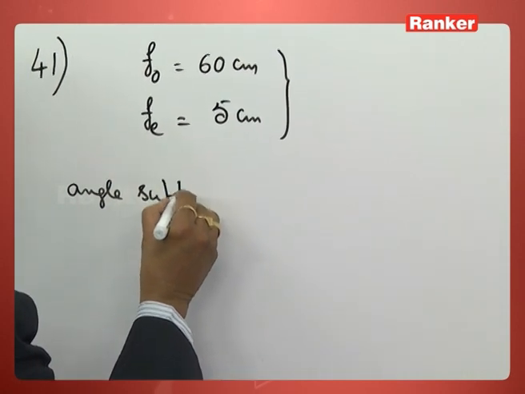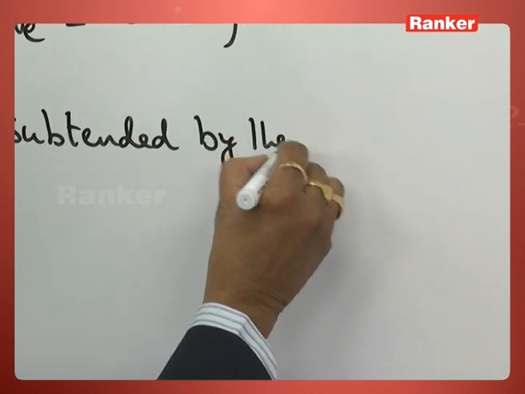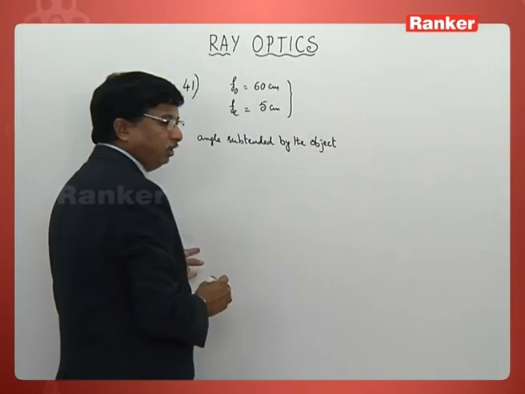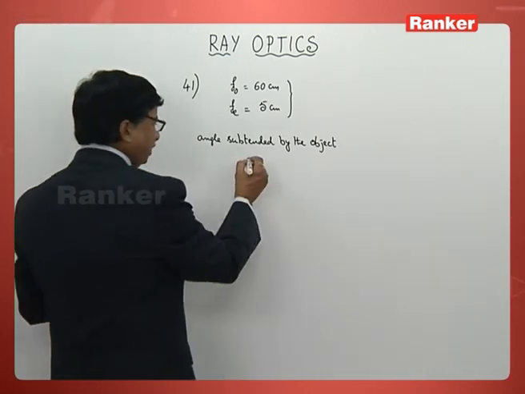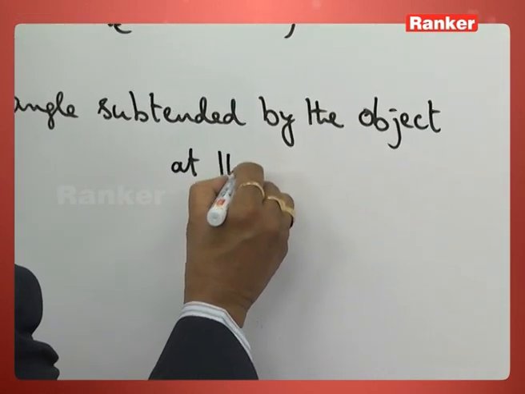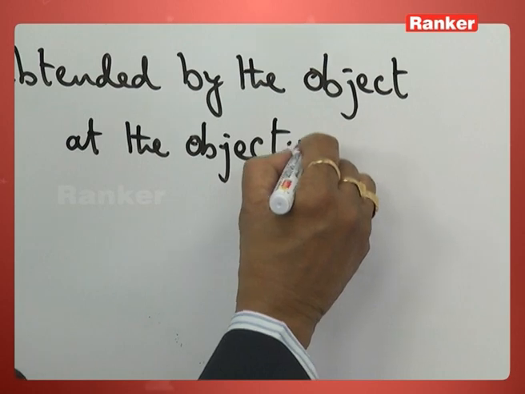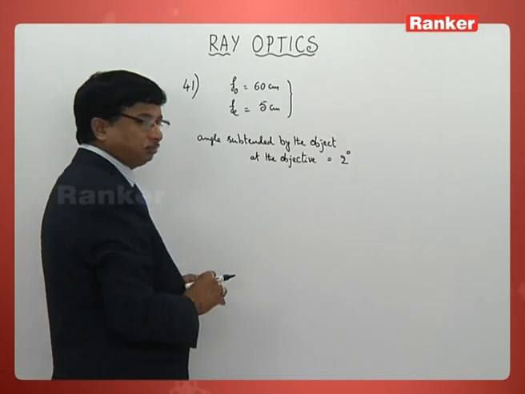The angle subtended by the object. The object, we always consider with respect to the objective only. Therefore, the angle subtended by the object at the objective glass is given as 2 degrees.